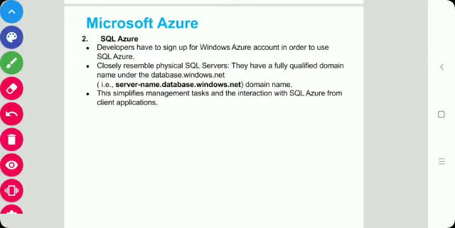Once the account is activated, they can either use the Windows Azure Management Portal or the REST APIs to create the services and logins and to configure the access to the services. This simplifies the management task and the interaction with SQL Azure from the client application.